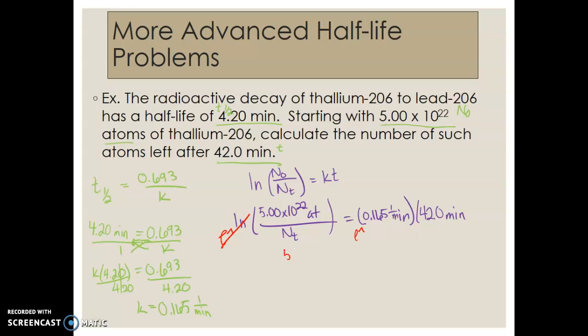So we get 5.00 times 10 to the 22nd over our final amount. And then we need to solve for that final amount.